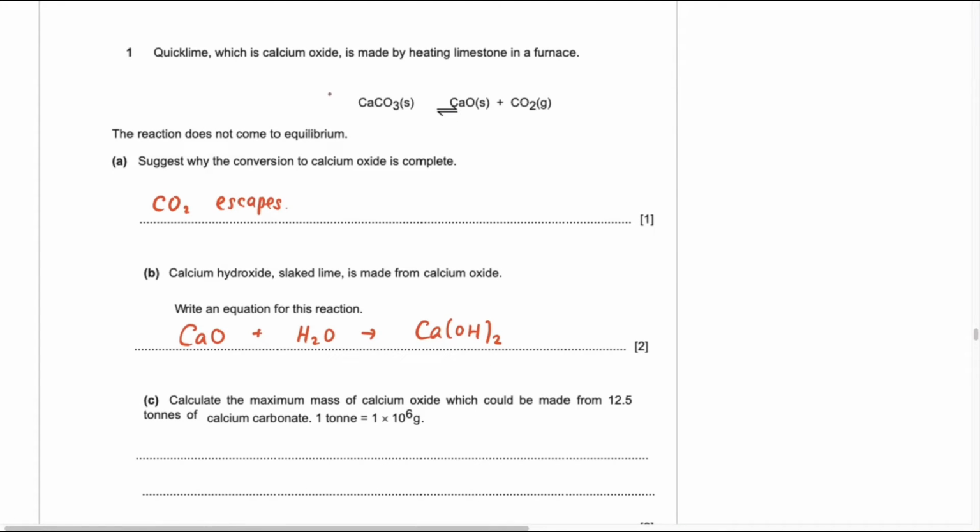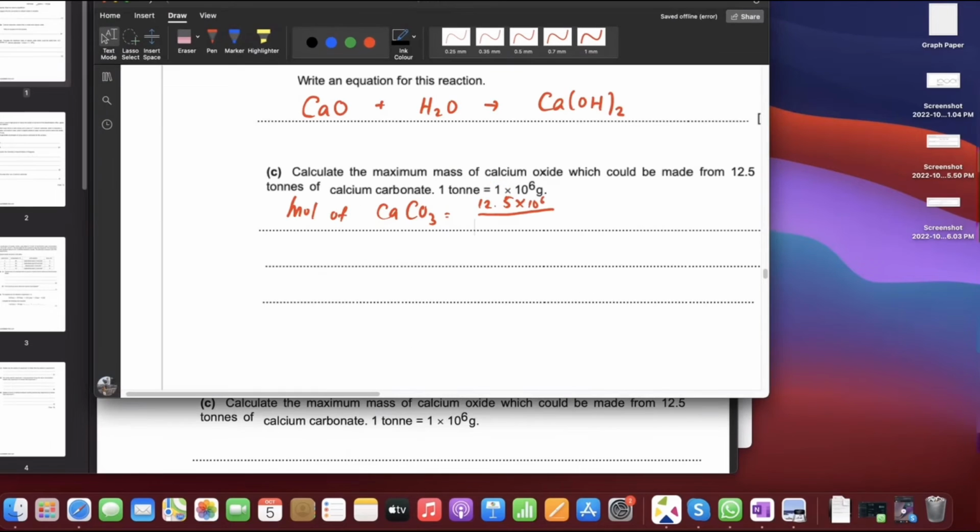Then first you have to change everything to mole first. Okay, let me show the working here. So mole of calcium carbonate is the mass, 12.5 times 10 to the power 6 gram, divided by the relative mass of calcium carbonate. So we have to look at the periodic table.